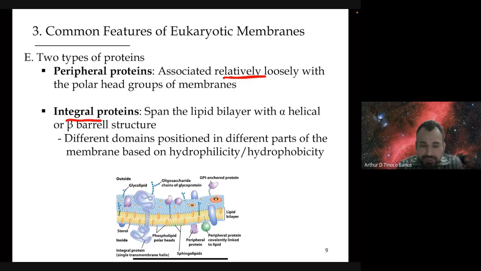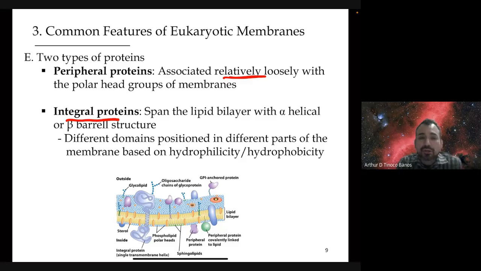But when we're talking about the integral proteins, they span the lipid bilayer. You would typically see they have a large alpha helical or even beta barrel structure, with different domains positioned in different parts of the membrane based on hydrophilicity and hydrophobicity. So these tend to have a really interesting, complex series of structures depending on what component of the transmembrane protein you're focusing on.